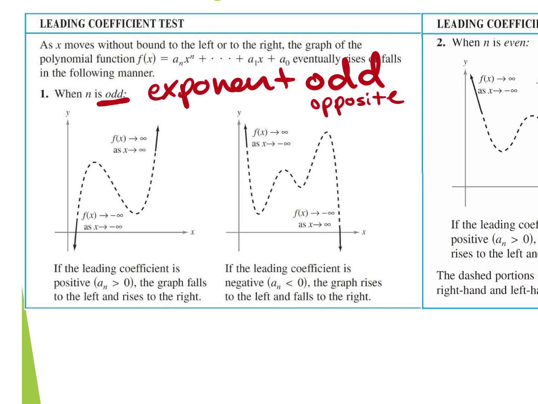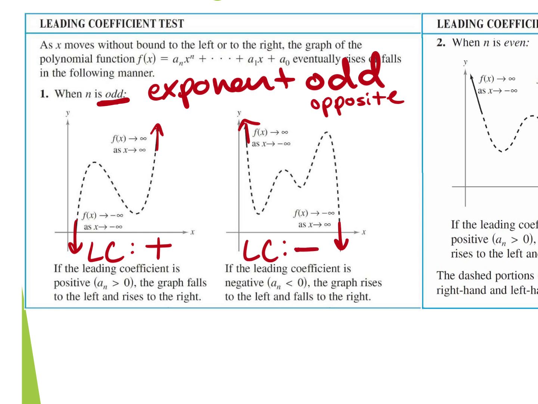The one on the left starts going down and ends going up. This is when a, our leading coefficient, is positive. The one on the right starts going up and ends going down, so this is when the leading coefficient is negative.